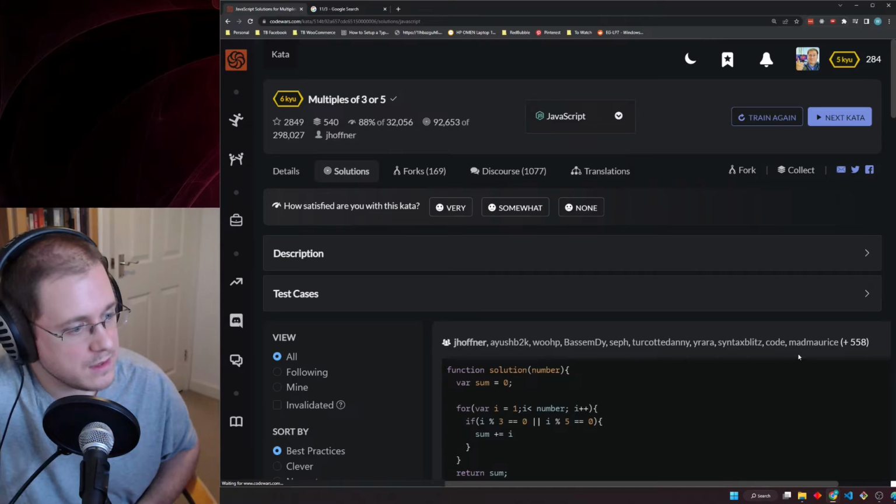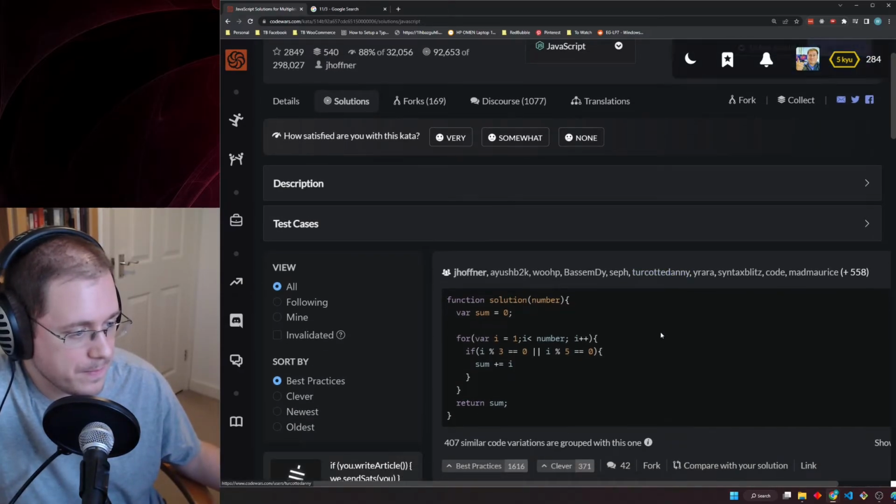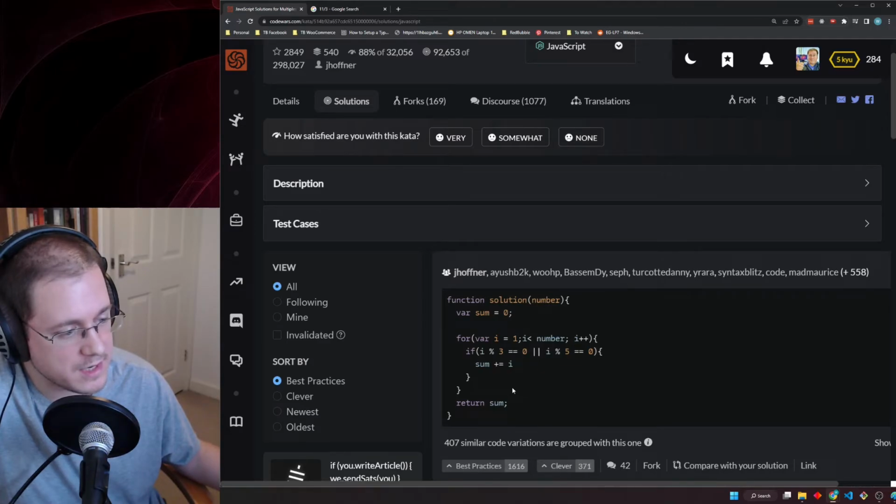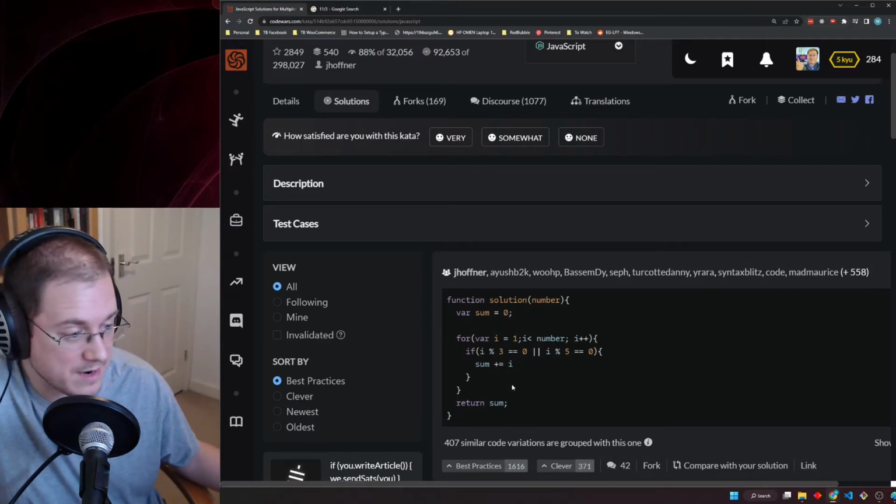Let's see. We've got. Yeah, so here we go. Here's the top solution, which is doing the very thing I kind of wanted to avoid, which is iterating over pretty much everything. Oh, you're doing i++ as well. I suppose, yeah, you kind of have to.